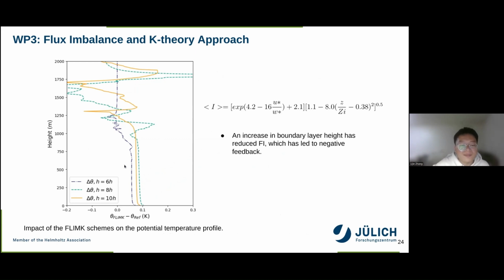At 6 hours, the heat fluxes have a difference value of 0.07 Kelvin, then increased to 0.1, but decreased again, because when we're using the flux imbalance prediction models and update the heat fluxes, you also update the boundary layer height, which is a negative feedback to the system. So the model will not crash because you're using the flux imbalance prediction models, because we have negative feedback for the numerical divergence.